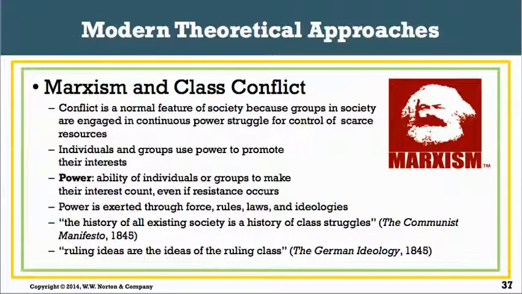And from Marxism, I want to give you these two quotes. History of all existing society is a history of class struggles, right? So as long as we have been a society, there were always those who had more than others, and that created conflict. And this quote, ruling ideas are the ideas of the ruling class. Think about it. Do you agree with this?